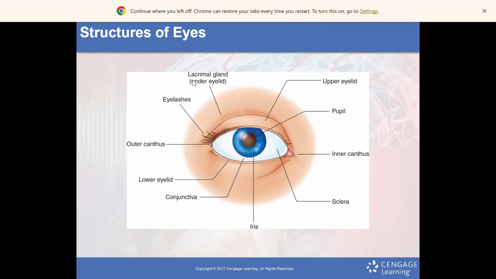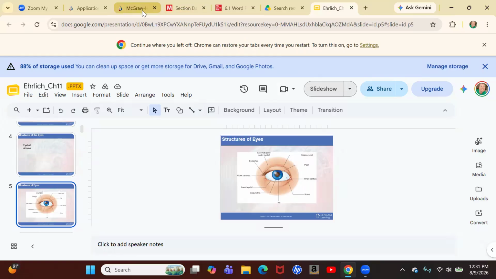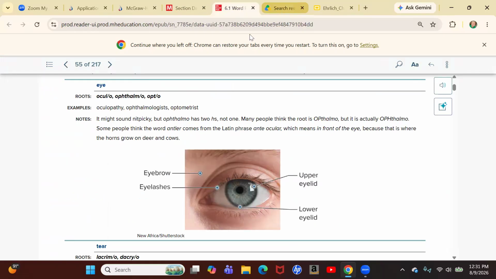This term lacrimal, you have several tear ducts. So lacrimo means tear. You have an upper tear duct and a lower tear duct, and we will look at those here.